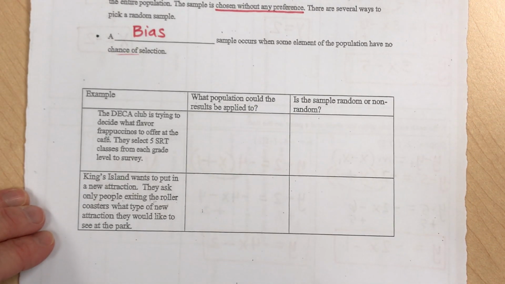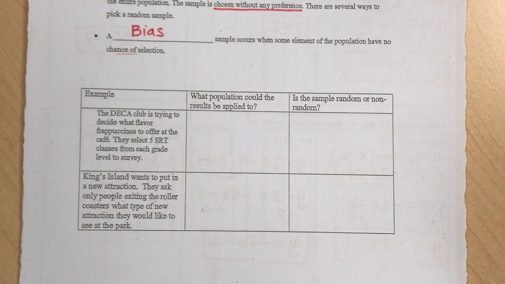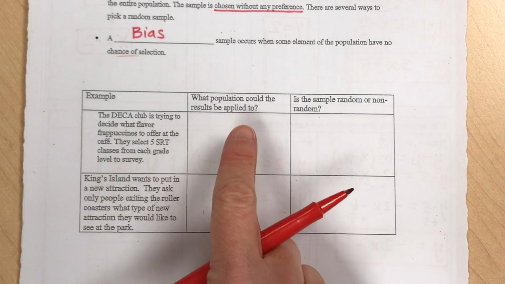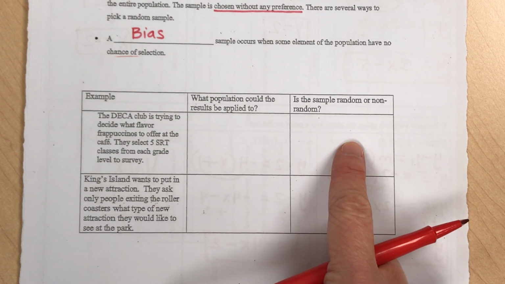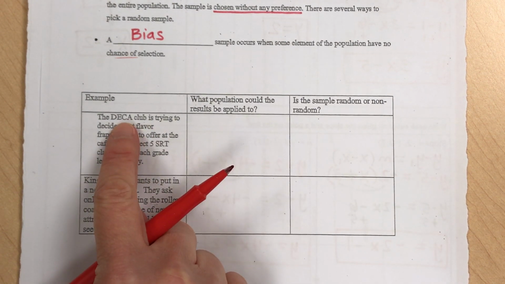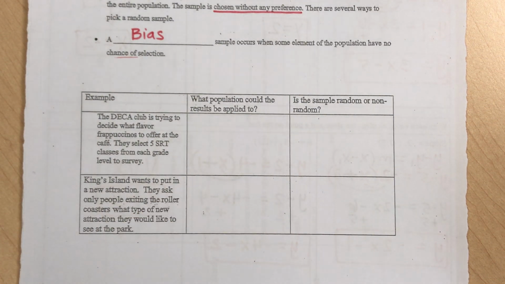Now down below it says examples. As you read the example, we're going to talk about what is the population and then what is the element of randomness if it's there. It says the DECA Club is trying to decide what flavor of Frappuccino to offer at the cafe. They select 5 SRT classes from each grade level to survey.